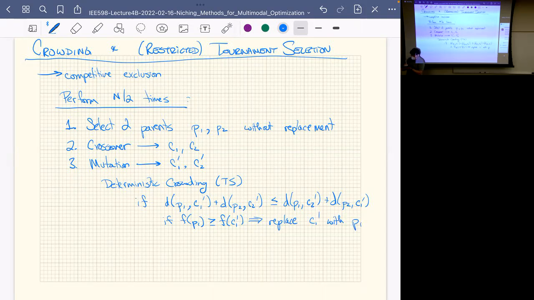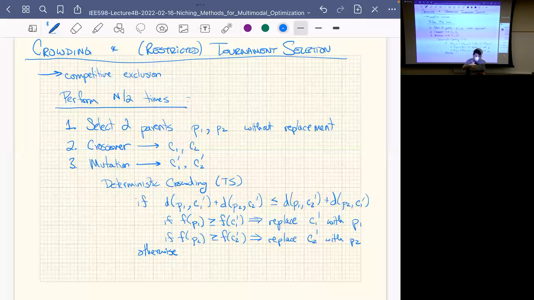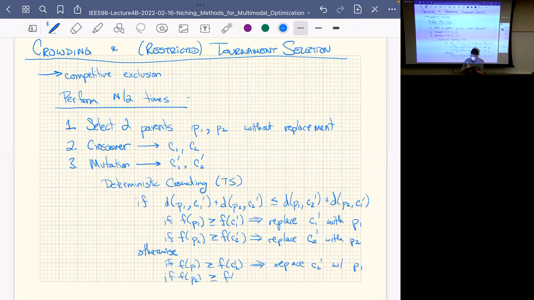Similarly, if the fitness of parent 2 is greater than or equal to the fitness of child 2, then replace child 2 with parent 2. In the other case, we just compare parent 1 to child 2. So if the fitness of parent 1 is greater than or equal to the fitness of child 2, replace child 2 with parent 1, and if the fitness of parent 2 is greater or equal to the fitness of child 1, replace child 1 with parent 2.